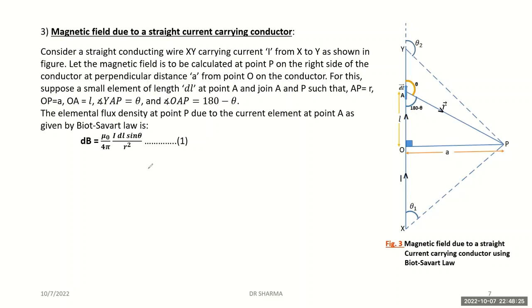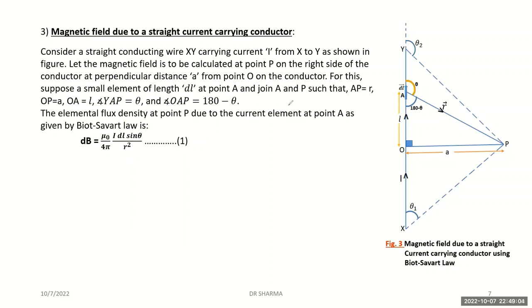See, as the position of the source point or the elemental length changes, this angle changes, length L changes, and correspondingly R also changes. So there are three variables here. We need to reduce this expression in terms of the single variable theta. We do this by considering the right angle triangle in this figure.